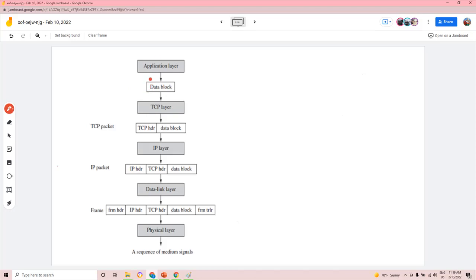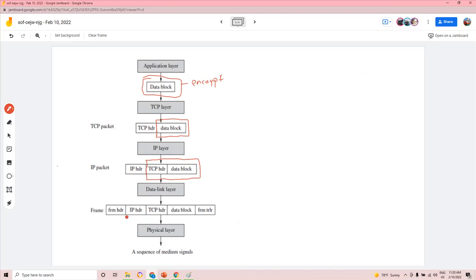That means you can encrypt the data at the application layer. For example, when you do like this, you encrypt here and send to the transport layer. Once again in the TCP header, you encrypt here. In the IP you can encrypt like this, completely encrypted.